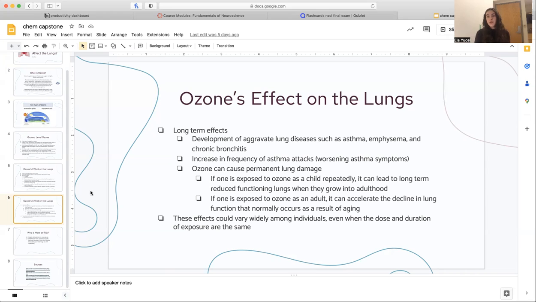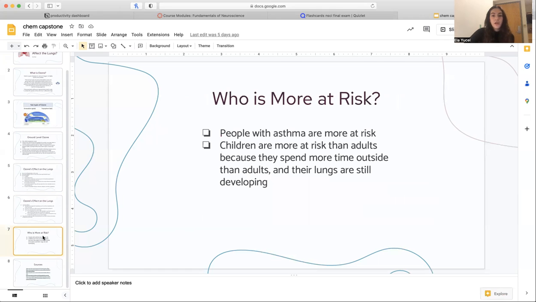So the effects of ozone on the lungs vary widely, but they also vary based on the individual themselves. Let's say two people live in the exact same city. Even when the dose and duration of exposure are the same, we could still see varying effects between those two individuals. So, who's more at risk?